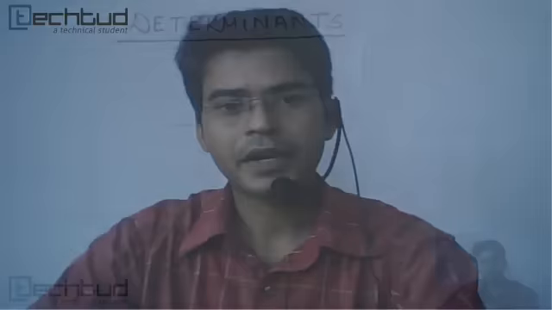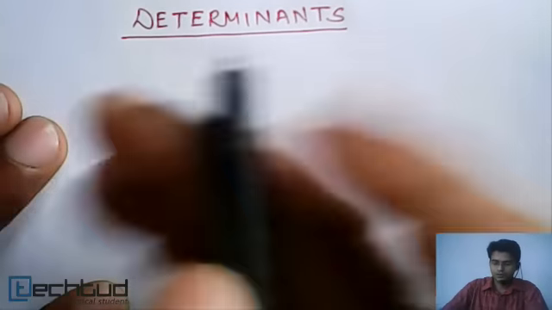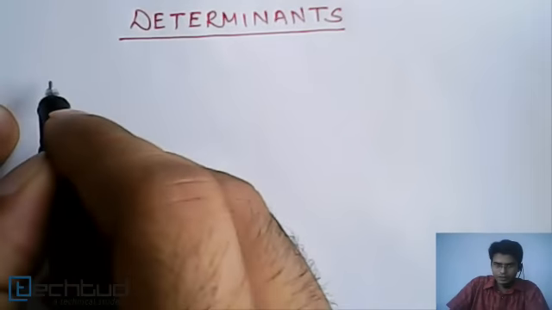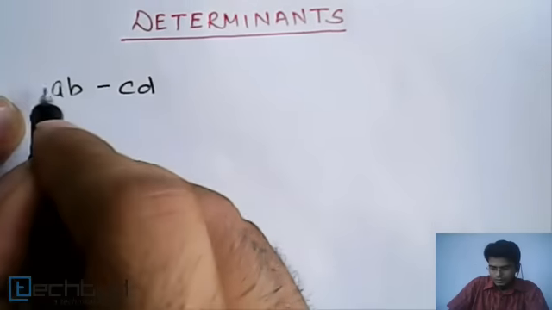In this lecture we will understand a very basic topic, which is determinant. So determinant is basically the representation of, consider we have AB minus CD, something like this.